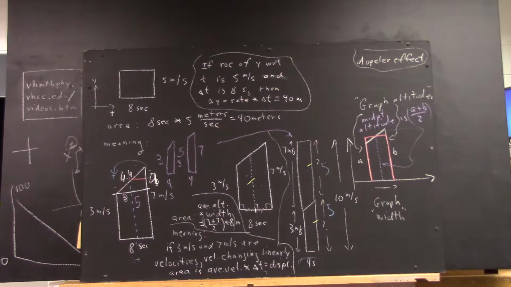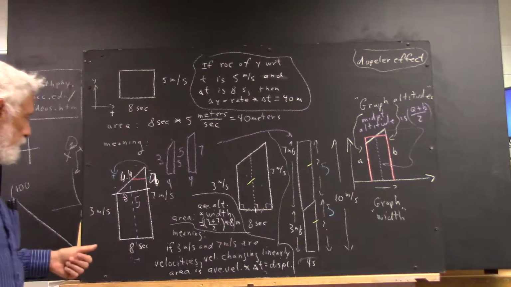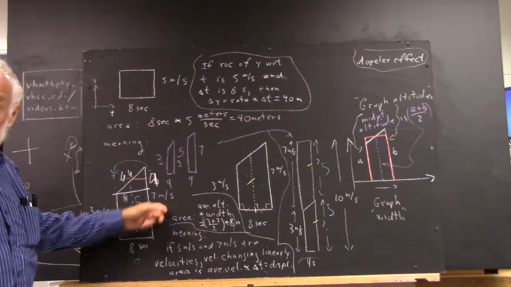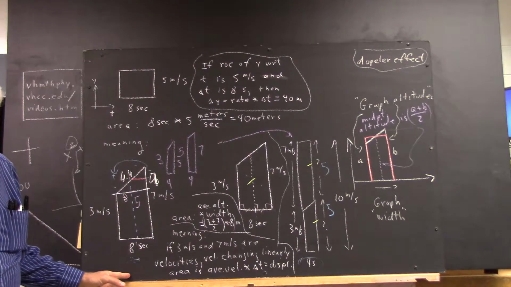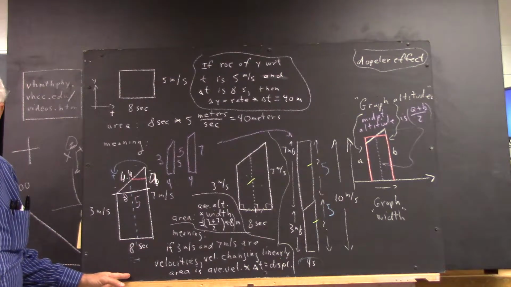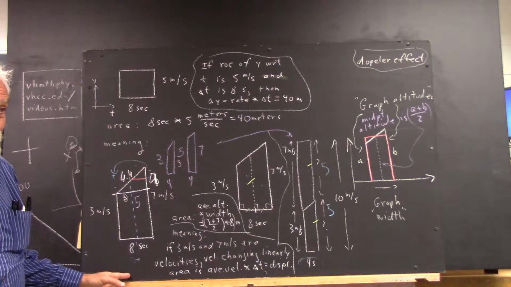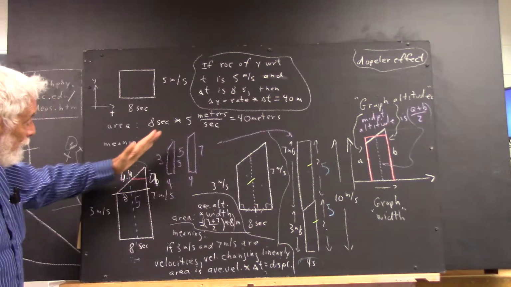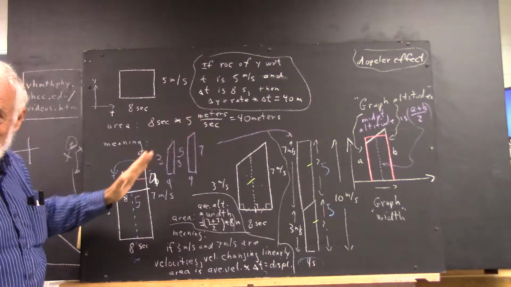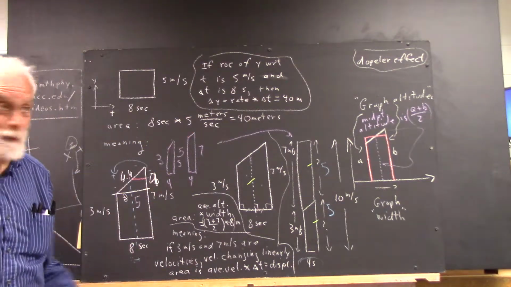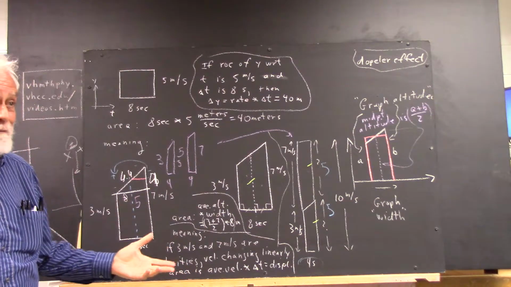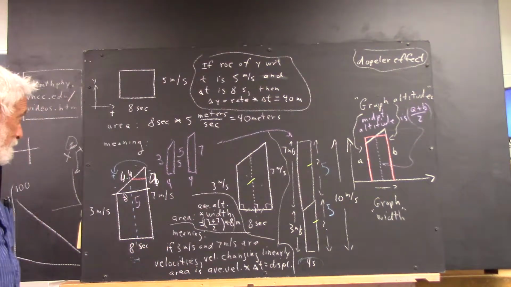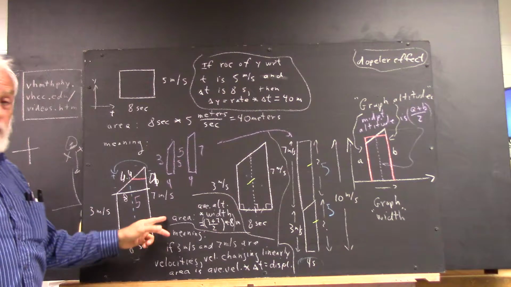Now, in another situation, this might be dollars per hour and this might be hours. Okay? So over the period of a year, you keep getting pay raises, so your pay goes up more or less uniformly. That would be nice, right? Yeah. Okay? Let's say from $30 an hour to $70 an hour.